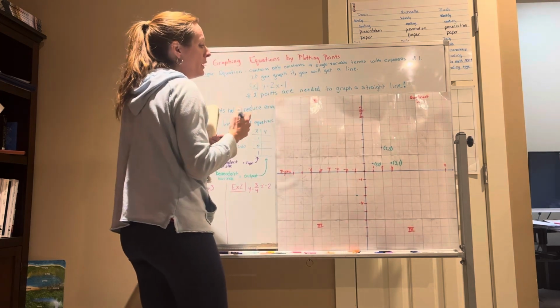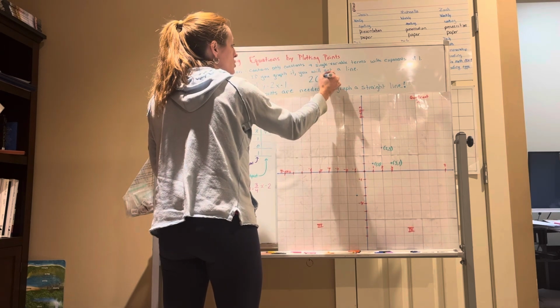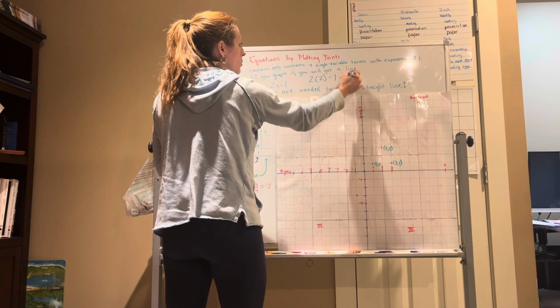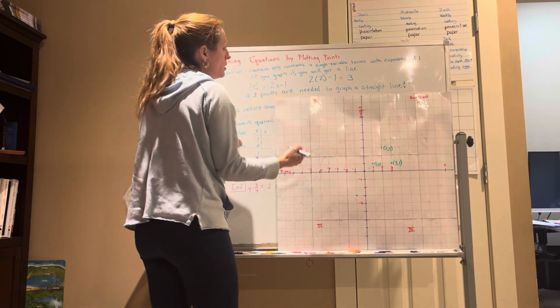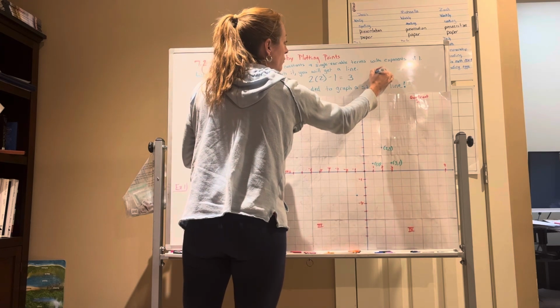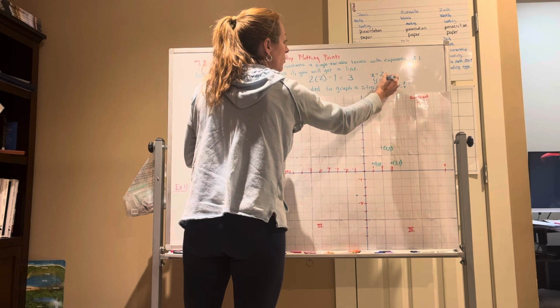Then we could put in 2. 2 times 2 minus 1 equals 3. So our x value was 2, and our y value became 3.